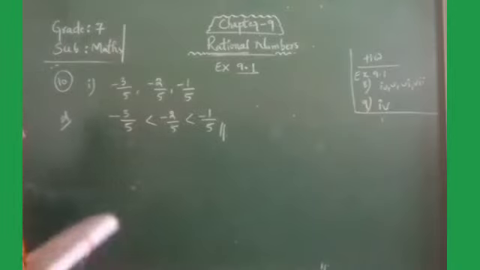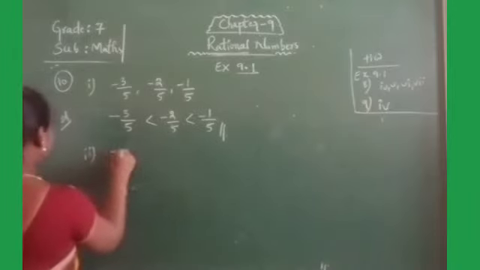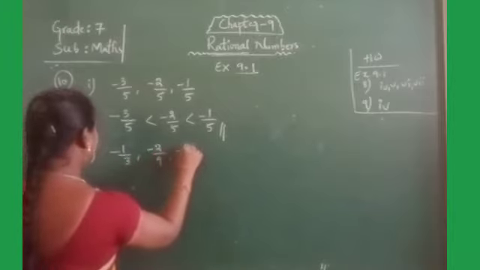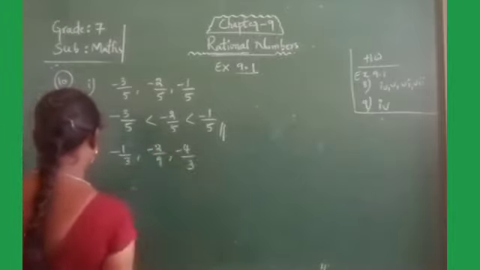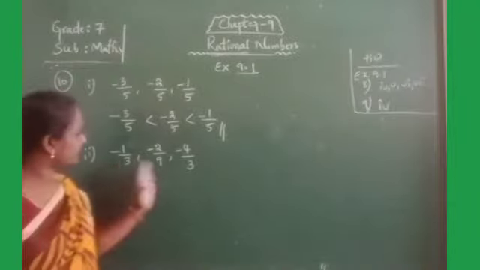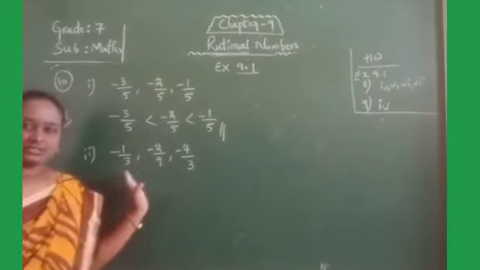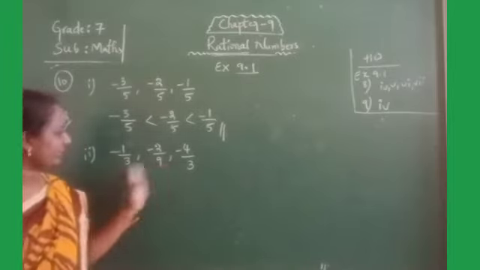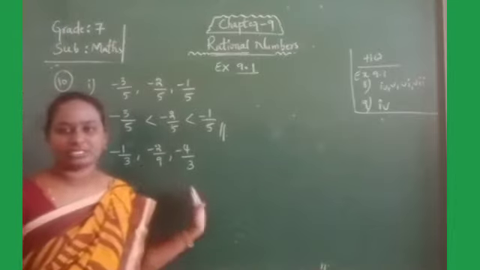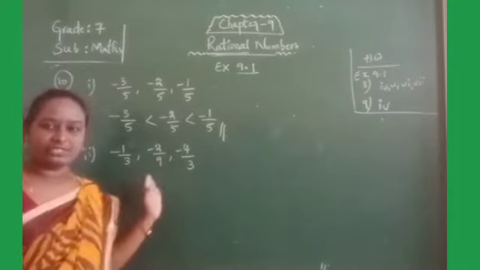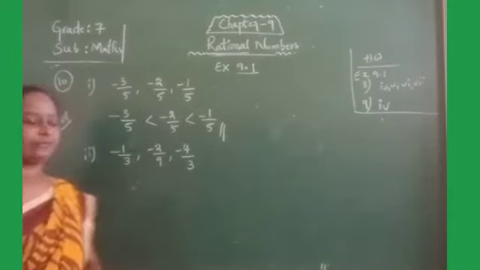Next, second one, see: minus 1 by 3, minus 2 by 9, minus 4 by 3. Okay, look here. All are different. So these rational numbers have different denominators. At that time, what do you have to find? The LCM. Very good.